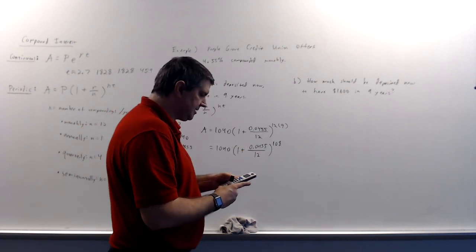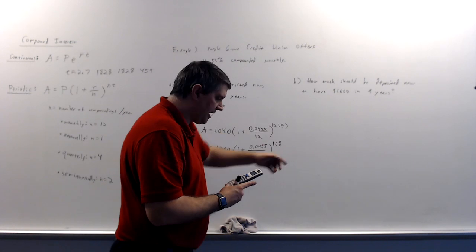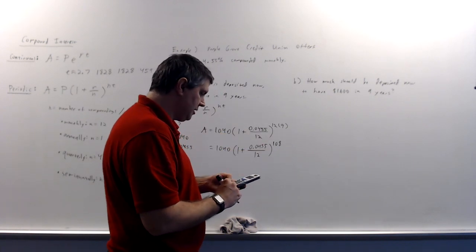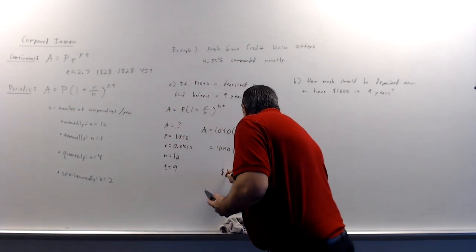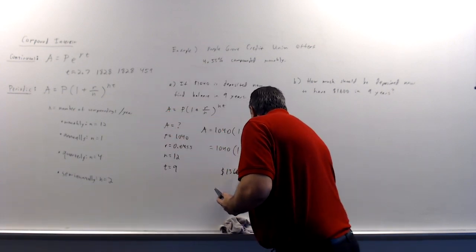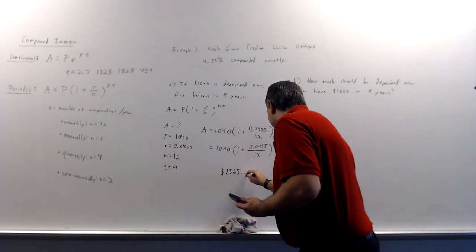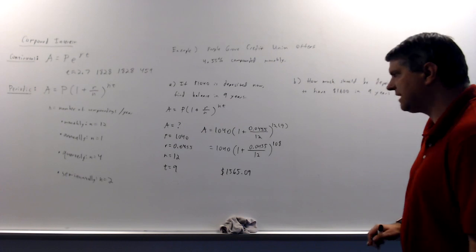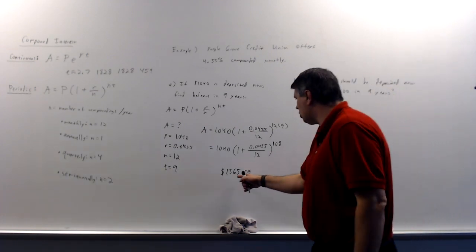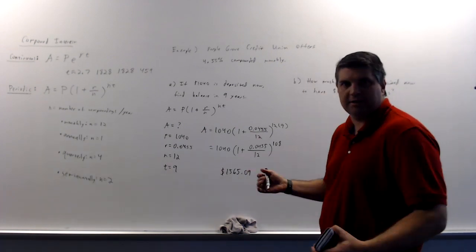Balance the parenthesis, and then generic exponent button 108. So the nearest cent, I got $1,565.09.